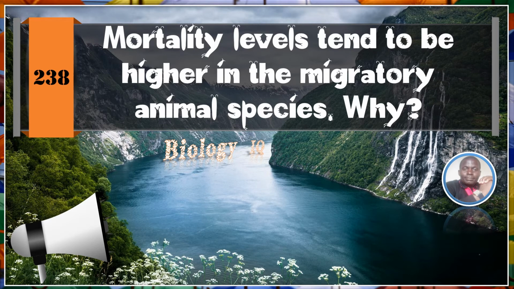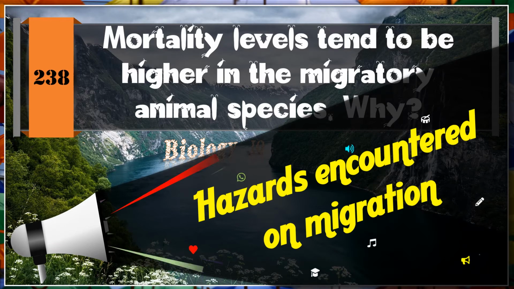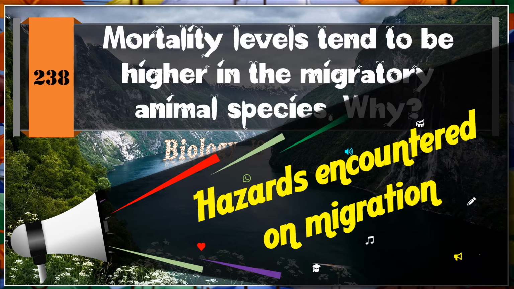Mortality levels tend to be higher in migratory animal species. Why? Because of the hazards encountered on migration.